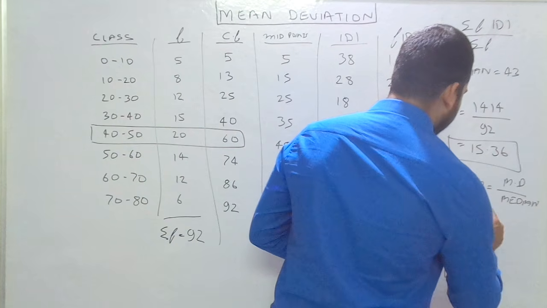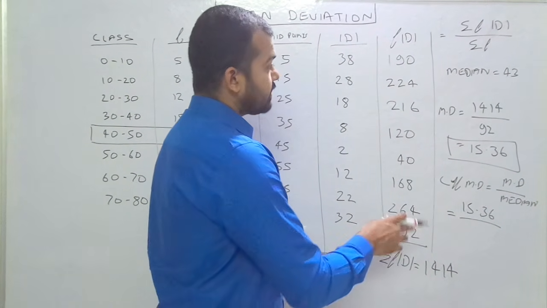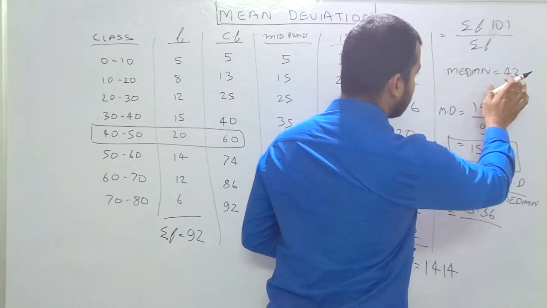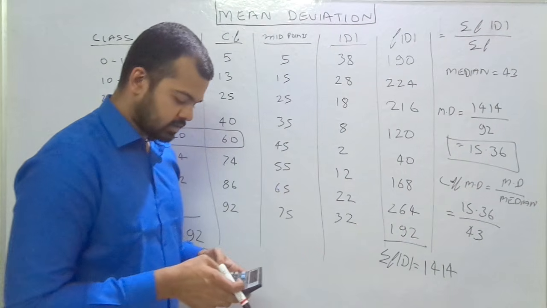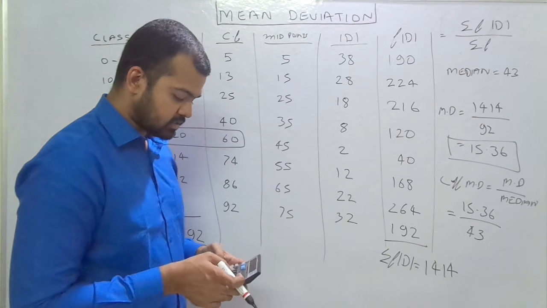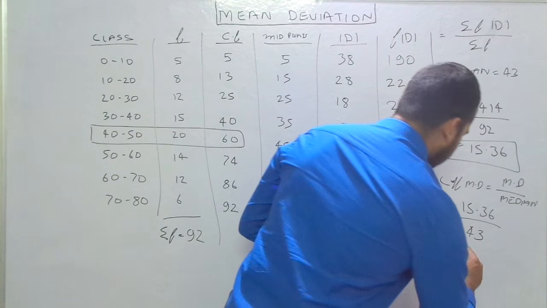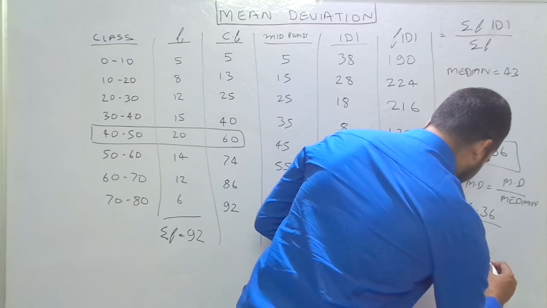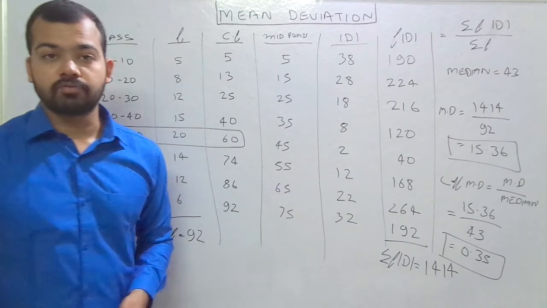Now if we calculate the answer, mean deviation is 15.36 and median is 43. So mean deviation upon median, it means 15.36 divided by 43. So the coefficient is 0.35. This is the answer for coefficient.